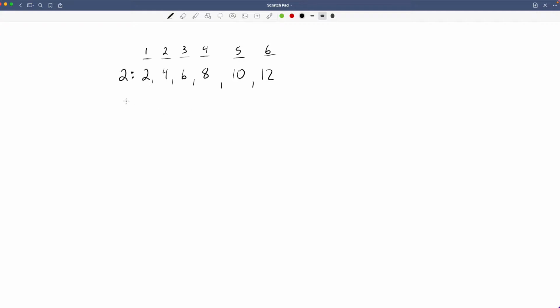We could do the same thing with 3. It's kind of just like a multiplication table where you have just the answers, right? 3 times 1 is 3, and then you have 6, and then you have 9, 12, 15, 18. So these are the multiples of this factor.